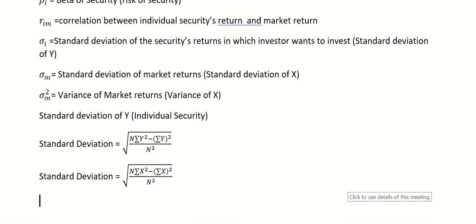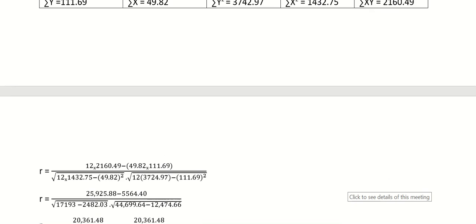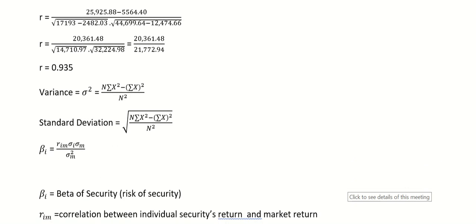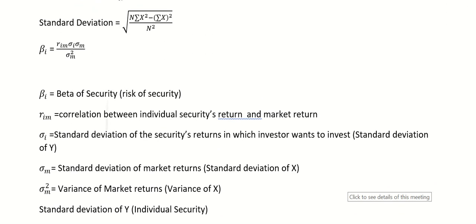So let's put the values now. N is 12 here, and X square is already given to you in the question, right? Sorry, not X square, Y square. I'm so sorry, I keep saying it again and again. We have to calculate summation of Y square, and here also summation of Y. So 12 into summation of Y square, which I'll see from the question.